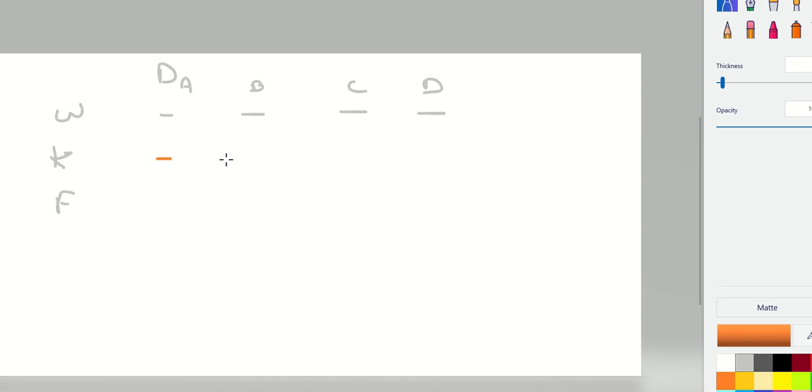Karim is measured 3 times, and Farah is measured 3 times. The table that we need to set up is the usual ANOVA table: the source, the sum of squares, the degrees of freedom, the mean sum of squares, and then obviously the F.